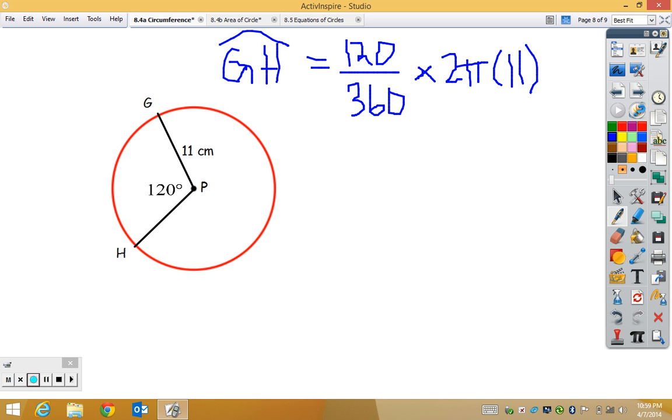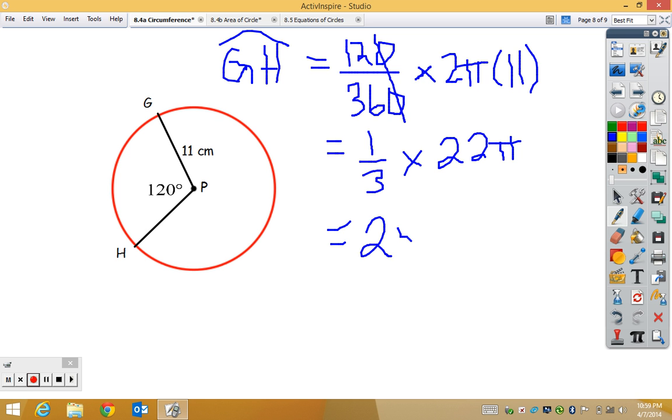If we were to simplify this down, we would get 1 over 3 times 22 pi. Carry that math out, round to the nearest hundredth, and we get 23.04, 23 and 4 hundredths centimeters.